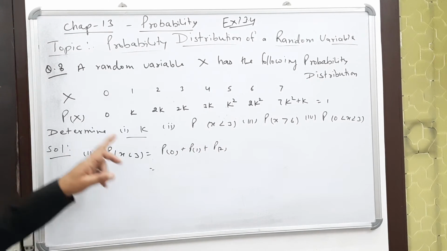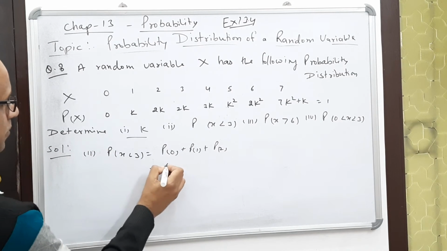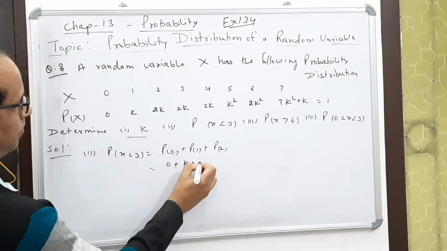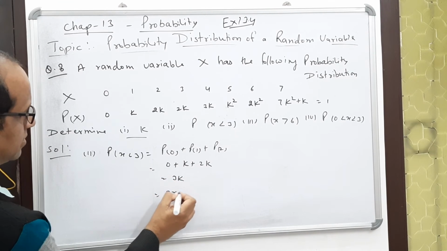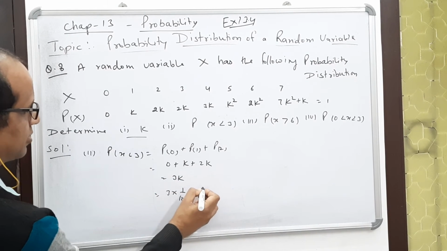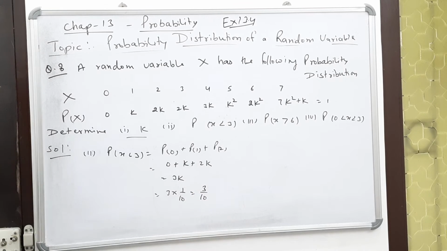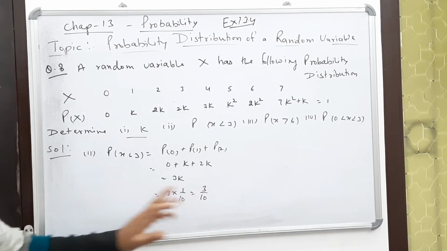Now what is it? It is 0 plus k plus 2k. So the answer is 3k, so 3 into 1 by 10, because the value of k is 1 by 10. So the second answer is 3 by 10.